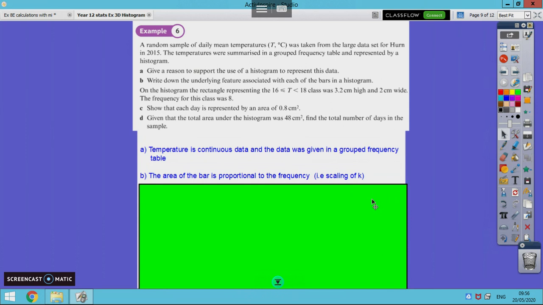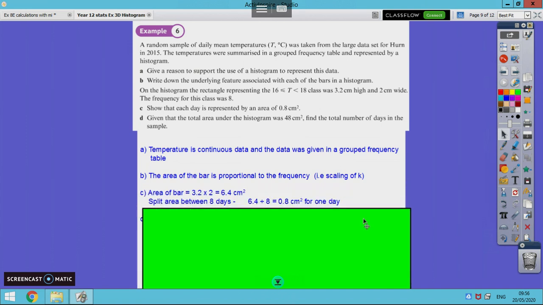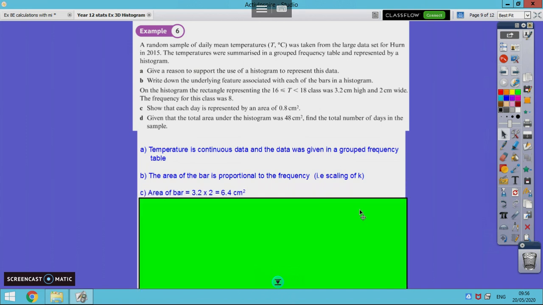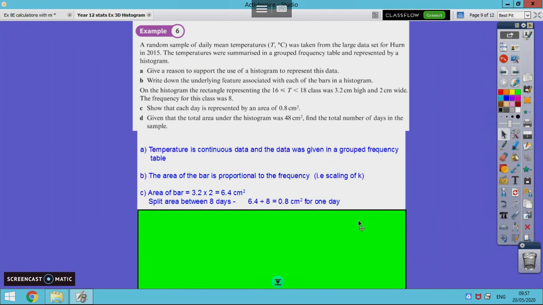So we've got to find the total area for those 8 days and then find what it would be for one. So the area is given by 3.2 and 2 centimetres multiplied together, which would give us 6.4 centimetres squared. So that area there represents the 8 days. We want to find the area of each day, so we just need to do 6.4 divided by 8, which would give us 0.8 centimetres squared for one day.